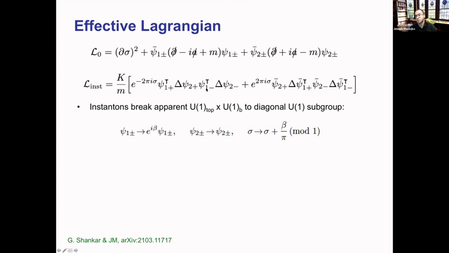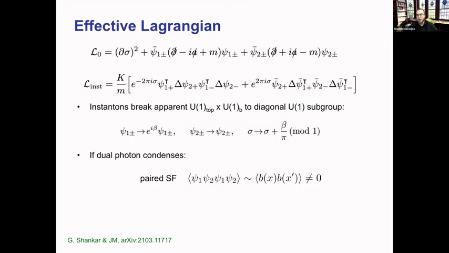But this is a spurious symmetry, because we only have a single U1 global symmetry in the microscopic theory of bosons. And indeed, the instantons ensure that this enlarged symmetry is broken down explicitly to only the diagonal U1 subgroup, which shifts the dual photon in addition to rotating the phase of one of the fermions, and that is the physical boson number symmetry.